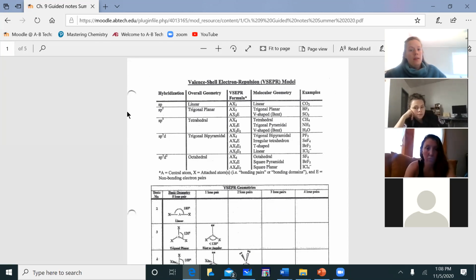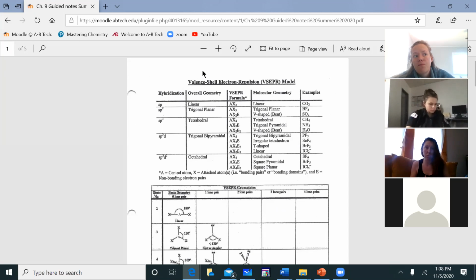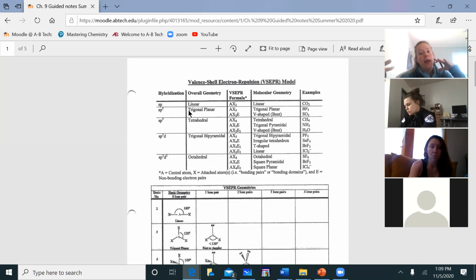All right, so the next part here is called the VSEPR model or VSEPR theory. Lewis dot structures are limited in that they are on a flat piece of paper. So we want to start taking these Lewis dot structures and expanding them into 3-dimensional space.